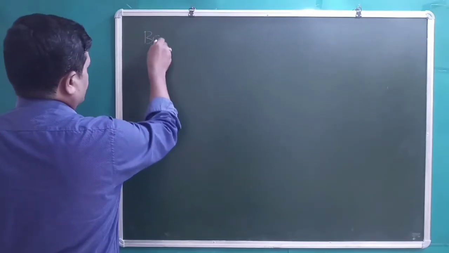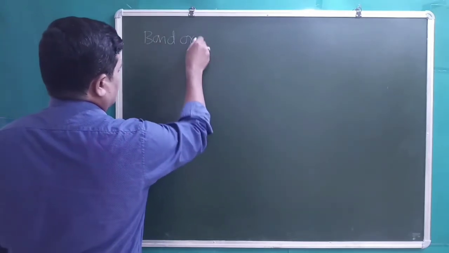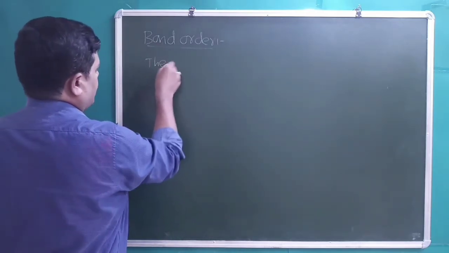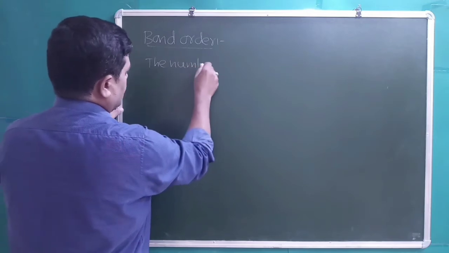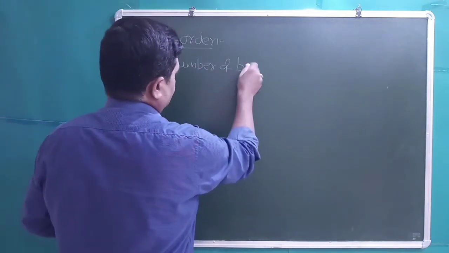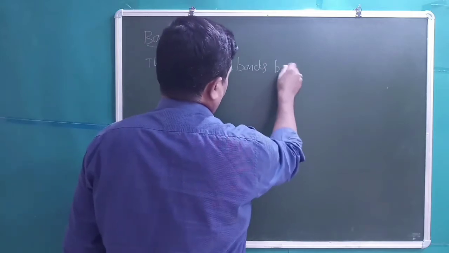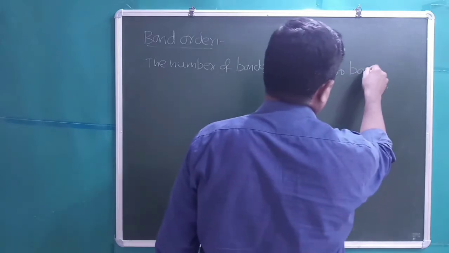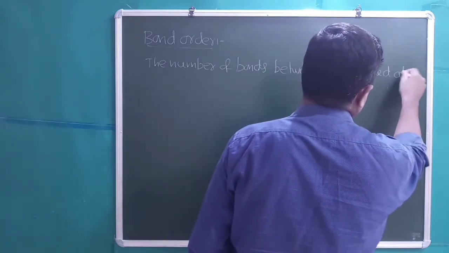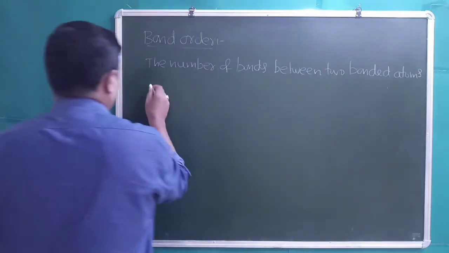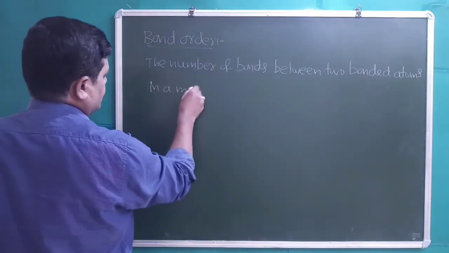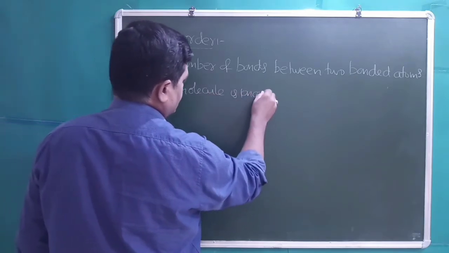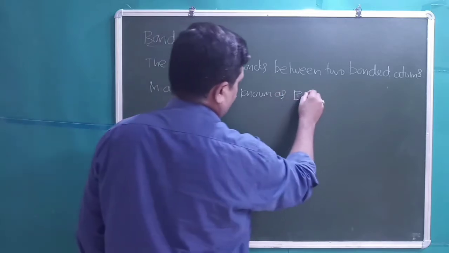Bond order is the number of bonds between two bonded atoms in a molecule.